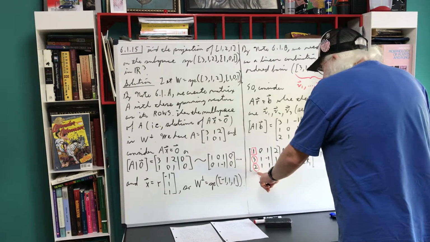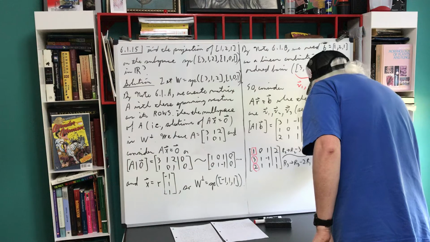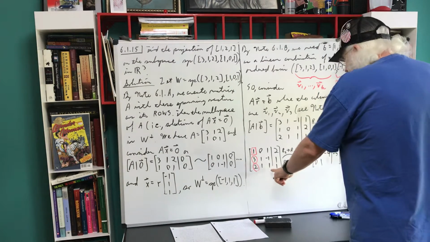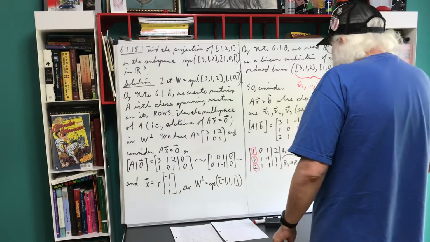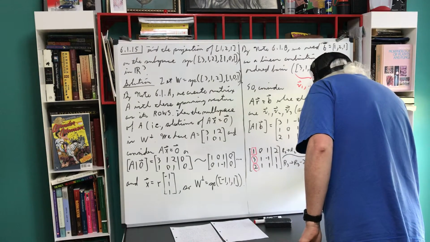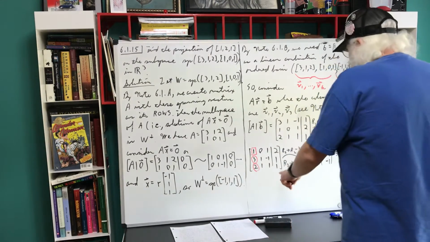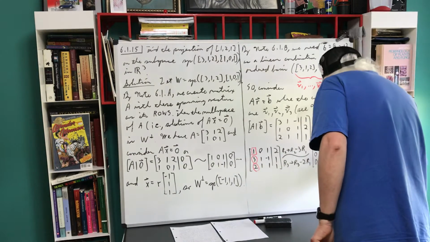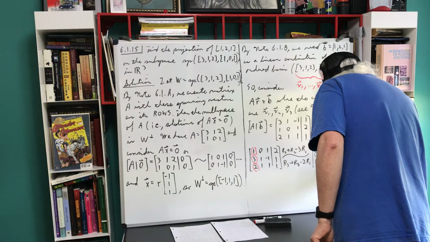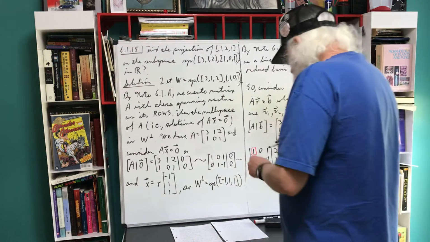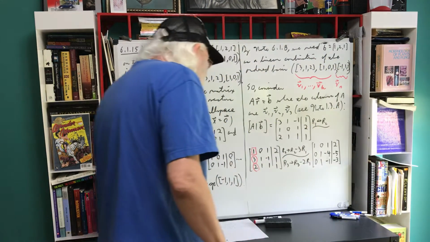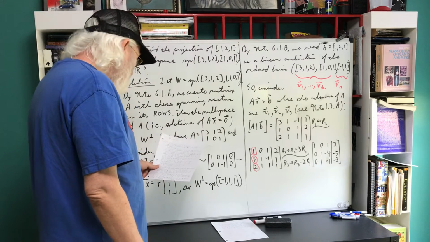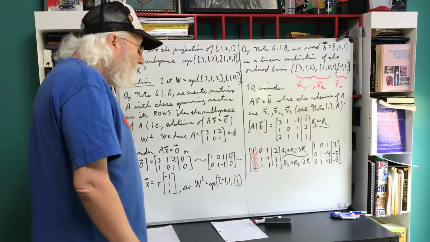Now we'll subtract twice the first row. 2 minus 2 times 1 is 0. 1 minus 2 times 0 is 1. 1 minus 2 times 1, 1 minus 2 is negative 1, and 1 minus 2 times 2, 1 minus 4, negative 3. All right, let me check my solution here. We okay? We're okay.